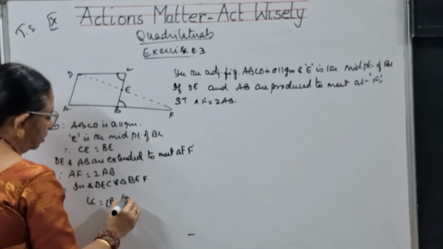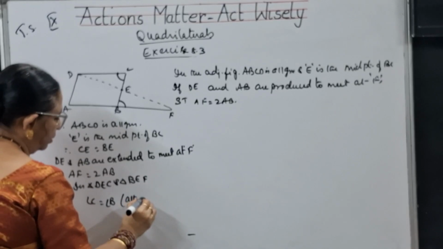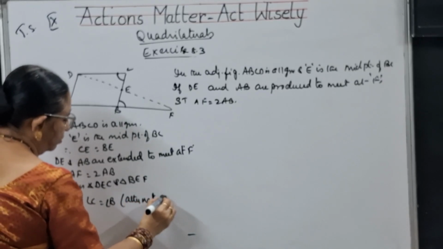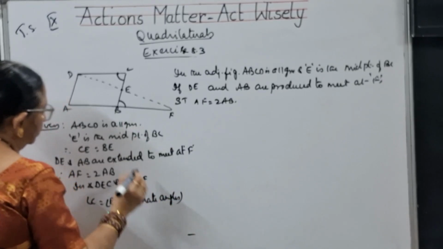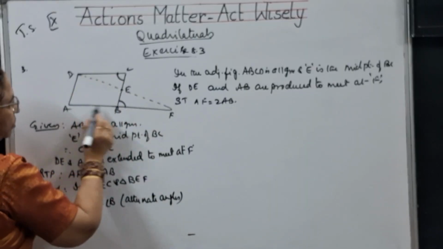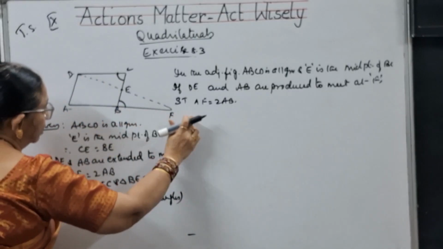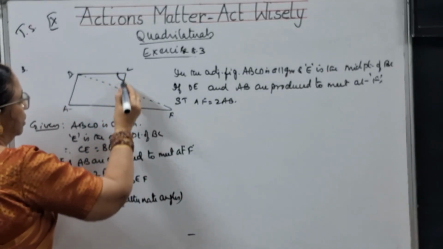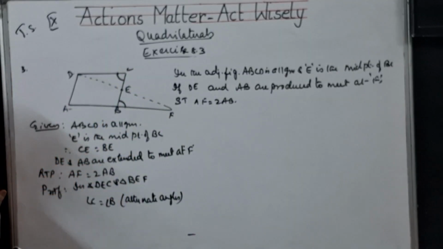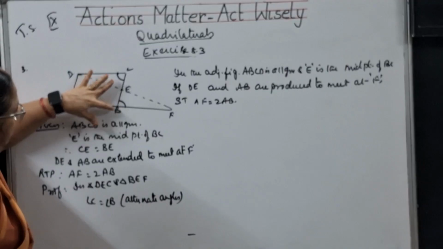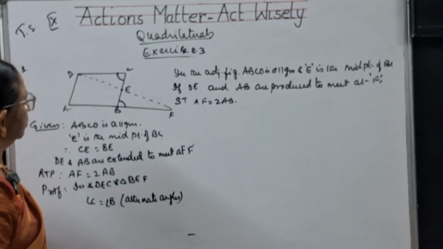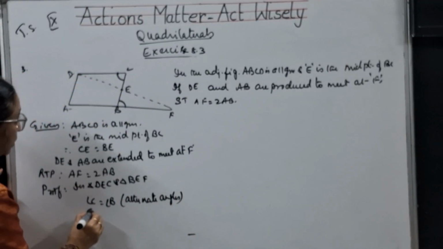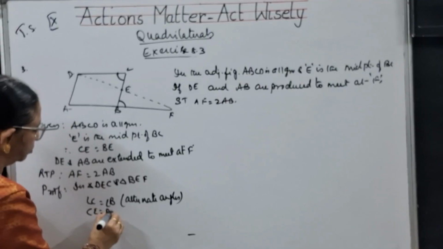Why? They are alternate angles. See children, if it is a parallelogram, these two sides are parallel sides. So when you extend this also, this whole thing is parallel to this. So definitely BC becomes the transversal. So transversal means these two are alternate angles. They are equal.